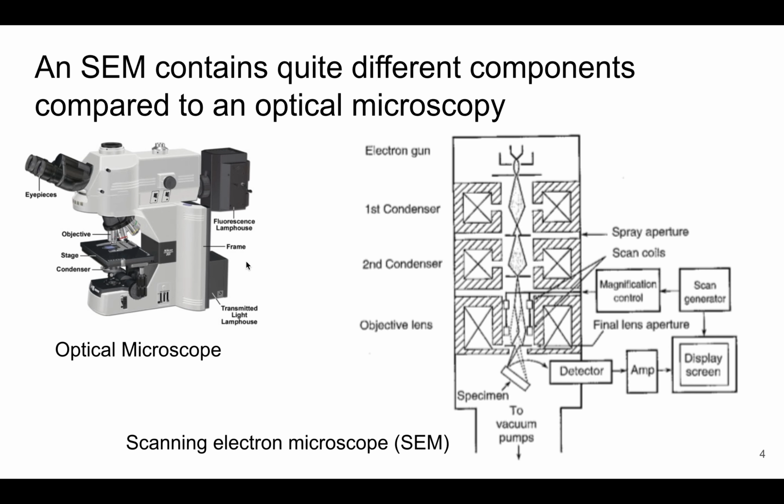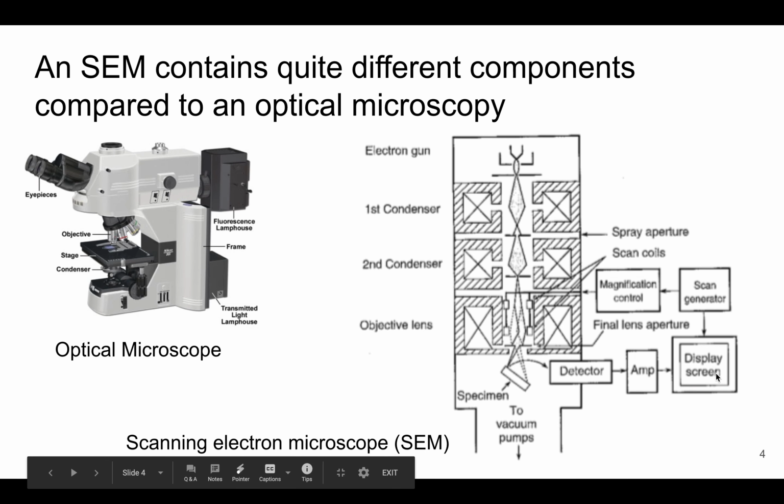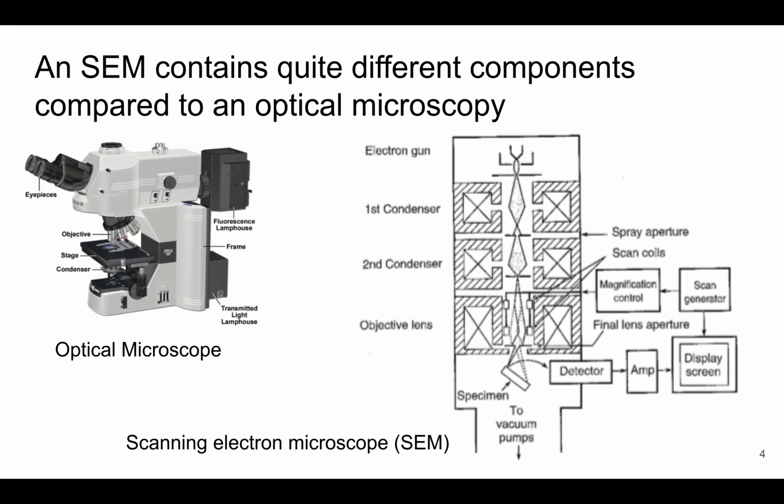Here it's a little different because we're dealing with electrons and we can't see those electrons, so they have to be detected in order to generate an image on the screen. So this is a part that looks quite a bit different. Again, I'm just showing you some of the similarities and differences between these two components, because then we're going to go into a little more detail and talk about these various components for the SEM in the next section.